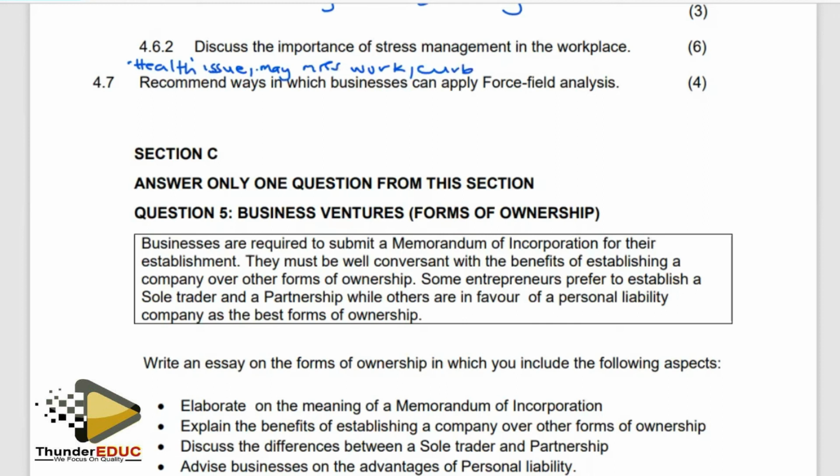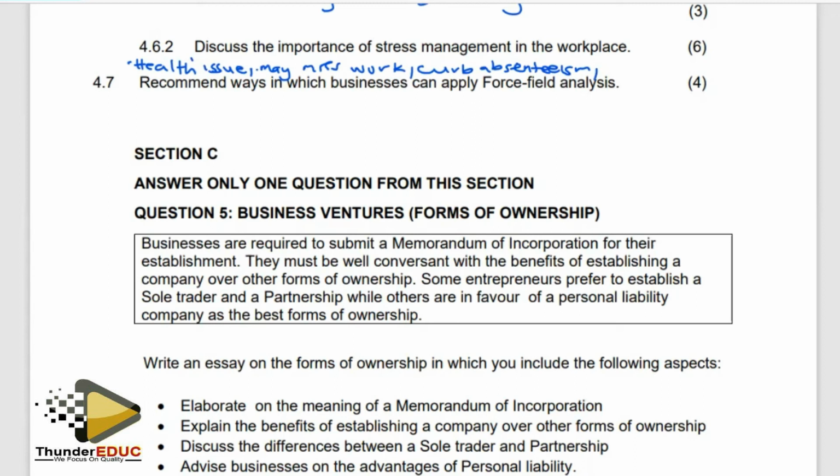When there is proper stress management, there is control of absenteeism. That may include where you increase productivity.